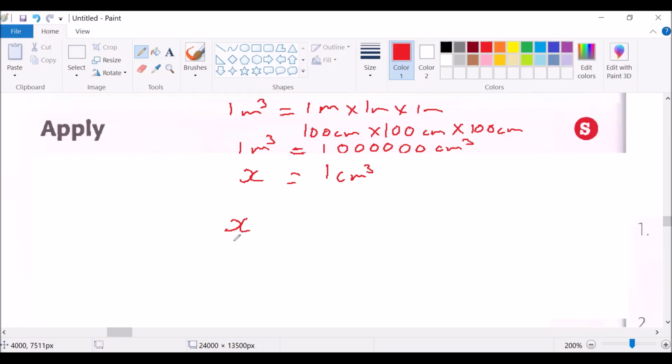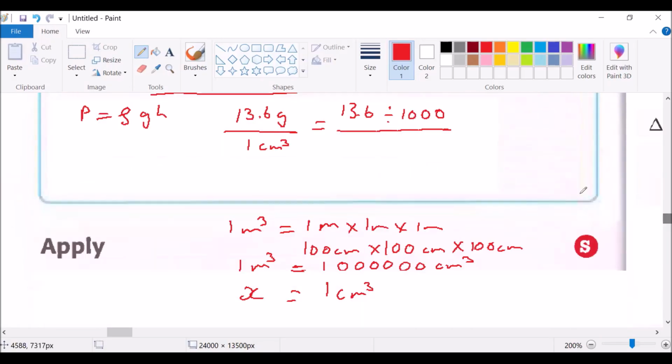So we can say x over 1 is equal to 1 over 1 million cubic meters. So here we have 1 over 1 million cubic meters. This is kgs.